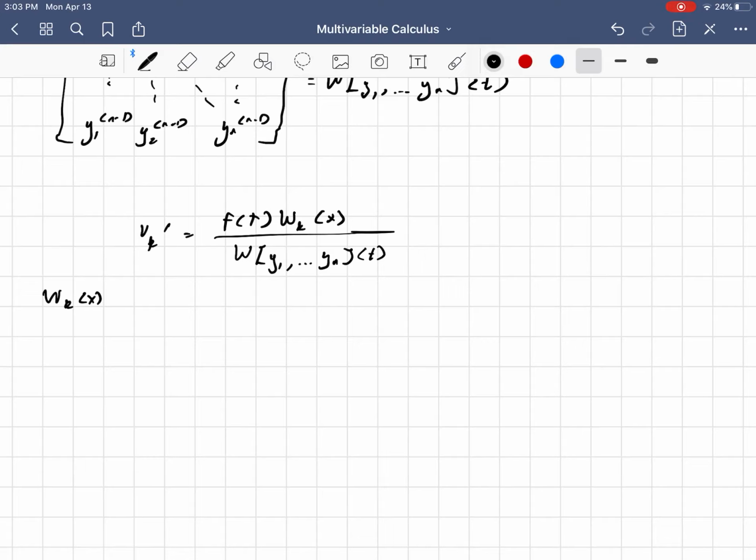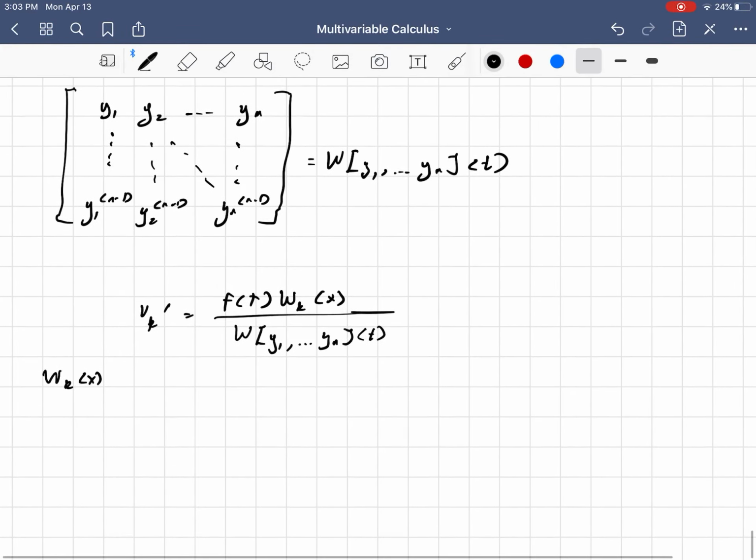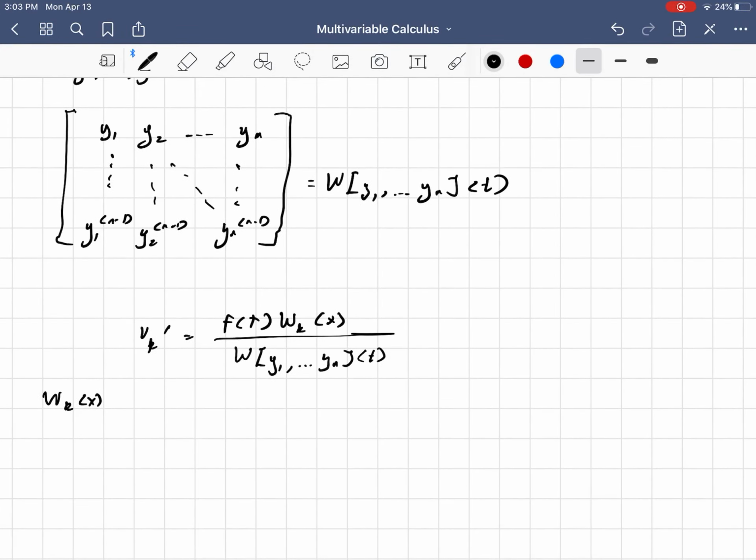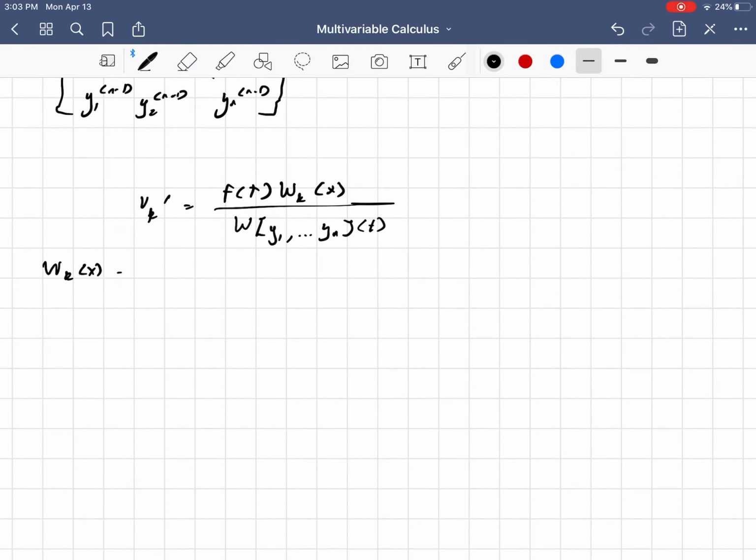And so w sub k, if you remember from Cramer's rule, is the determinant of w by replacing the kth column with f. In other words, we're doing a cofactor expansion on column k.